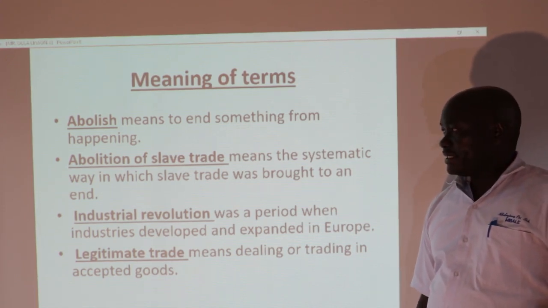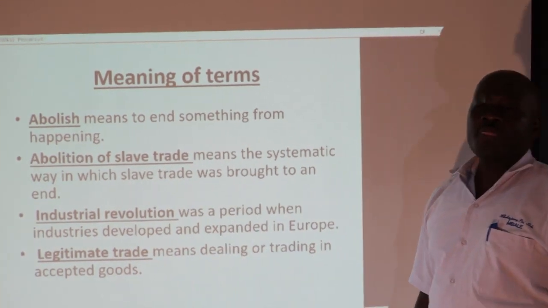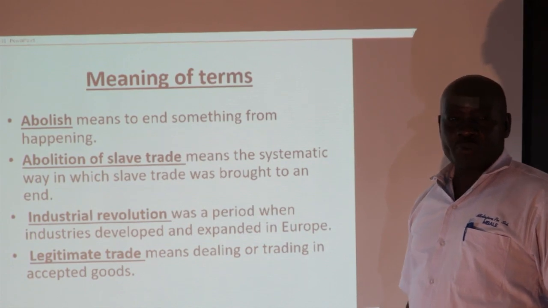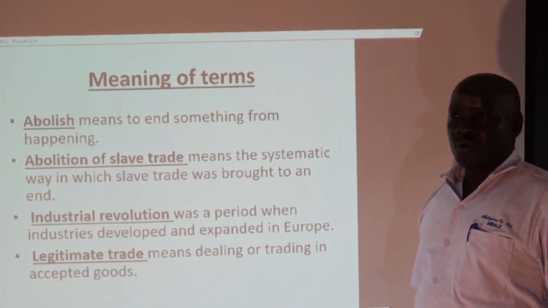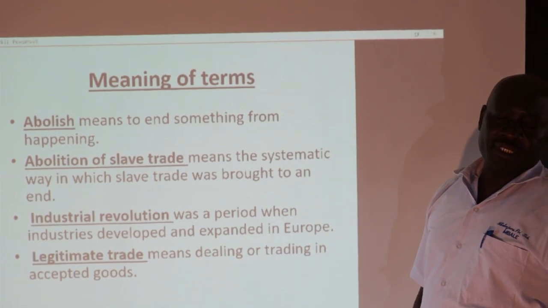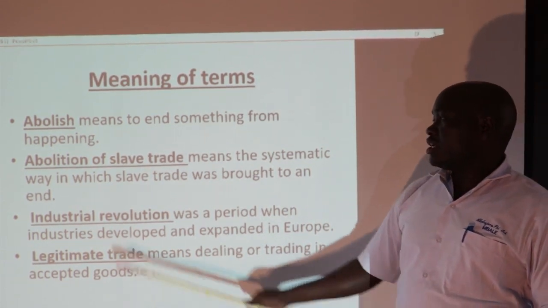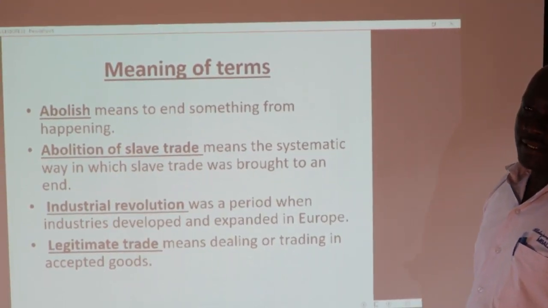Meaning that stopping slave trade from happening. It was a good act to those people who were participating in it. And those people who were taken as slaves, it was a bad act. So that's the meaning of the word abolition of slave trade.